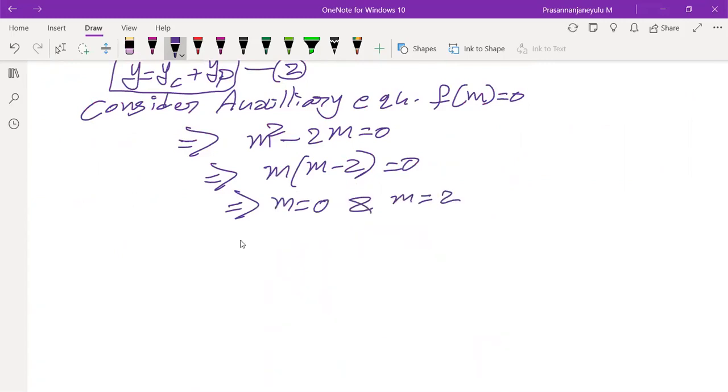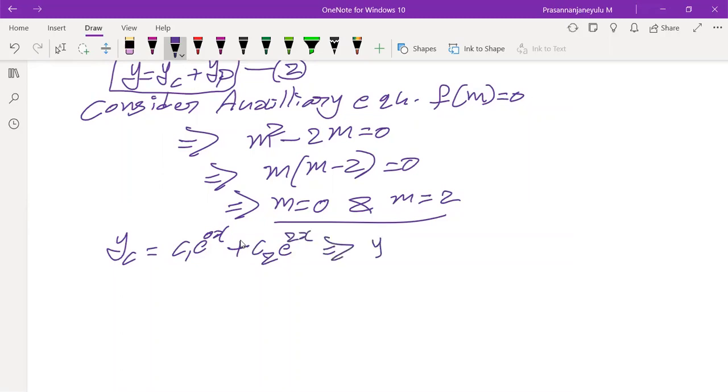With this, the complementary solution yc is equal to c1 e power 0x plus c2 into e power 2x. That implies yc equals c1 into e power 0, which is nothing but 1, plus c2 into e power 2x. Taking this as equation number 3.